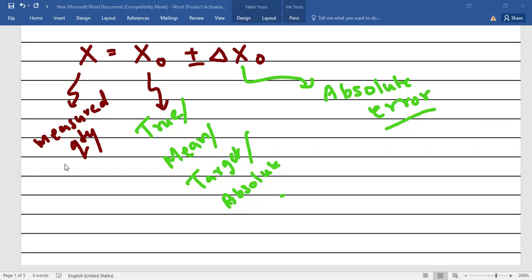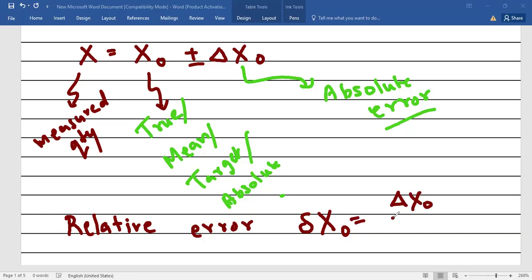Now, there is another kind of error calculation we do, which is called relative error. A relative error is denoted by del x naught divided by x naught, that is, absolute error divided by the mean value.